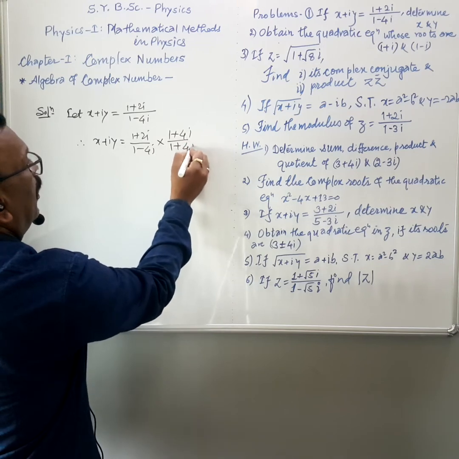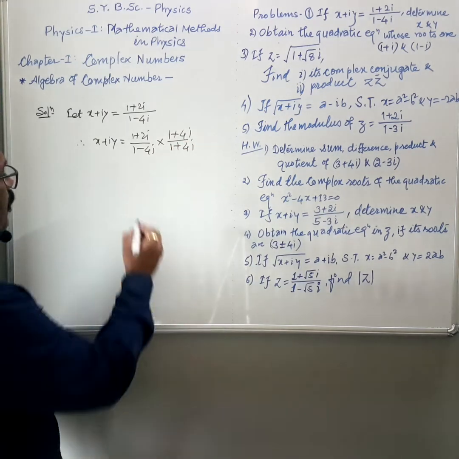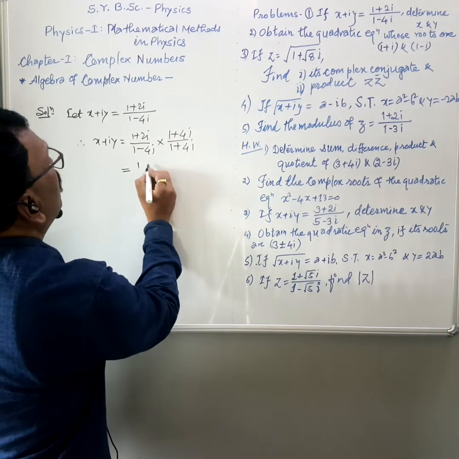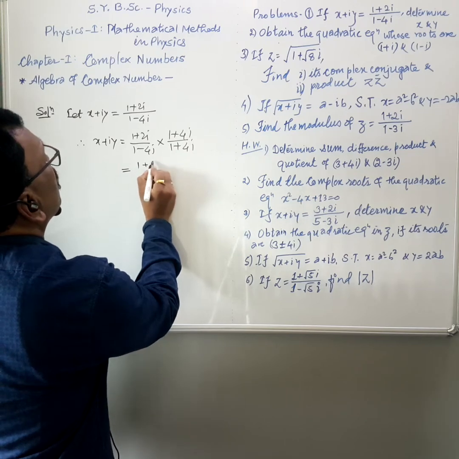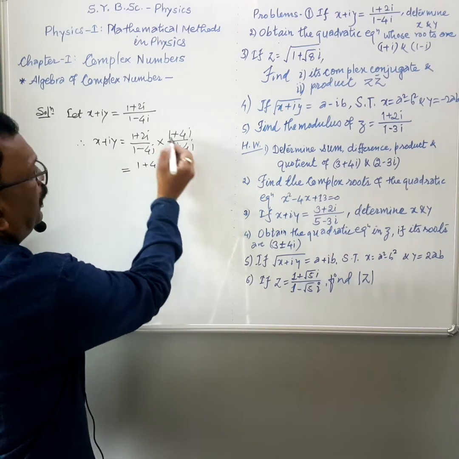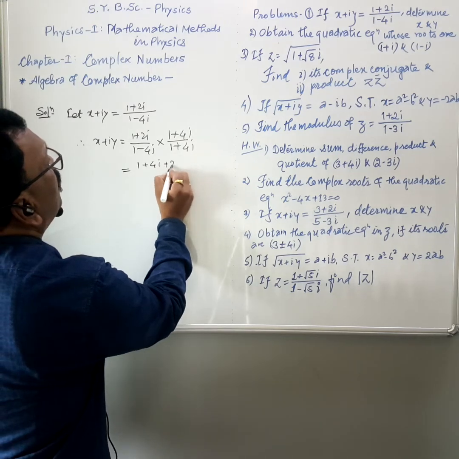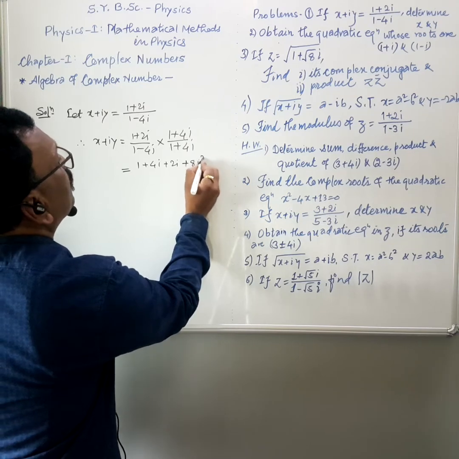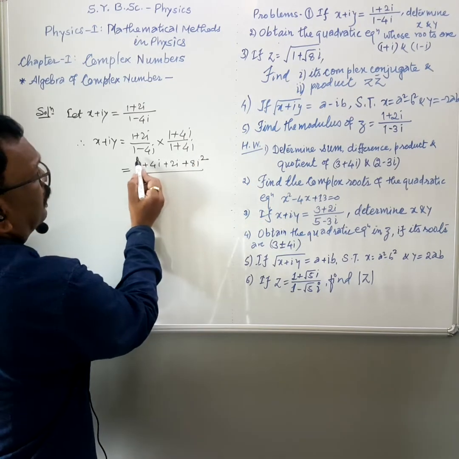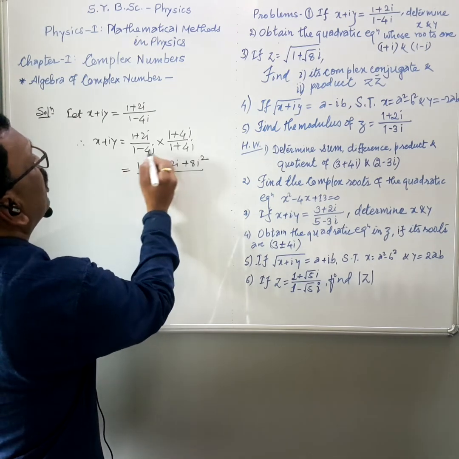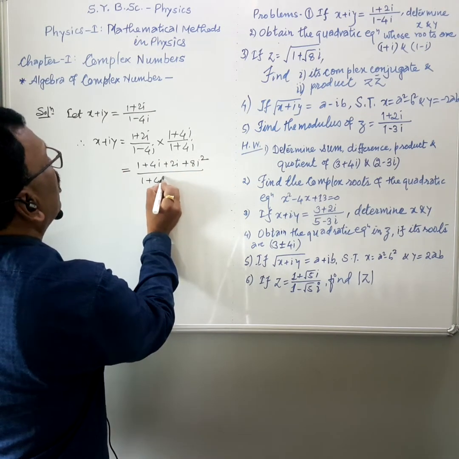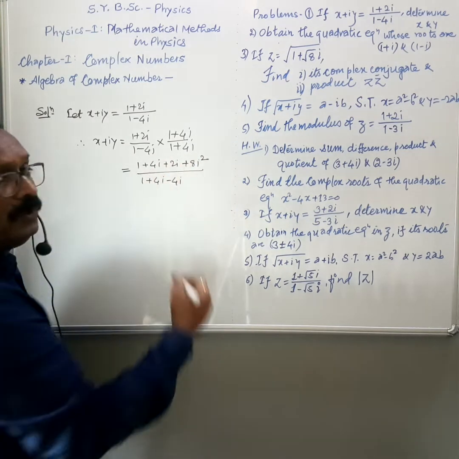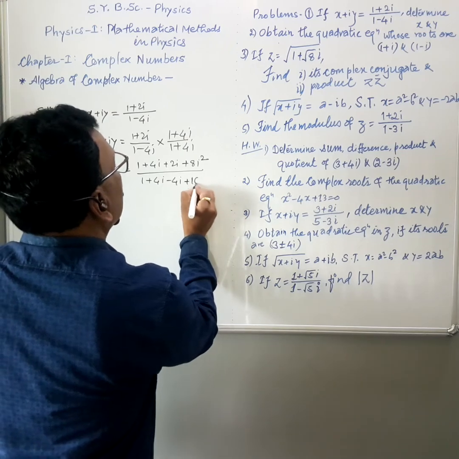Therefore, x plus iy is equal to (1 plus 2i) upon (1 minus 4i) into (1 plus 4i) upon (1 plus 4i). Solving this term, we get 1 into 1, 1; 1 into 4i, plus 4i; then 2i into 1, 2i; then 2i into 4i, plus 8i square; upon 1 into 1, 1; 1 into 4i, plus 4i; minus 4i into 1, minus 4i; minus 4i into 4i, minus 16i square.